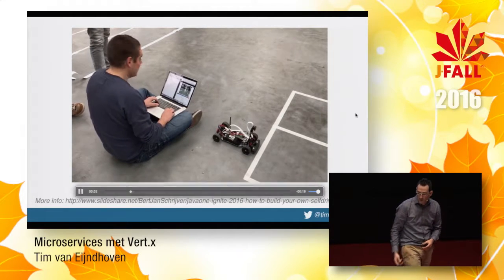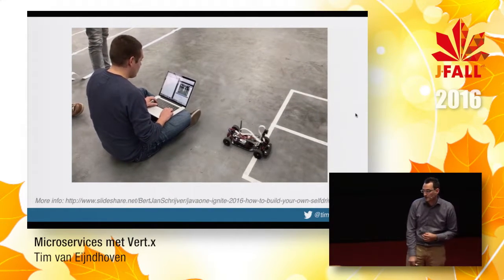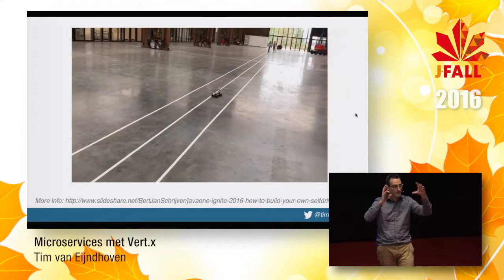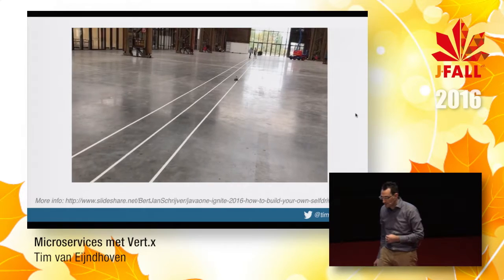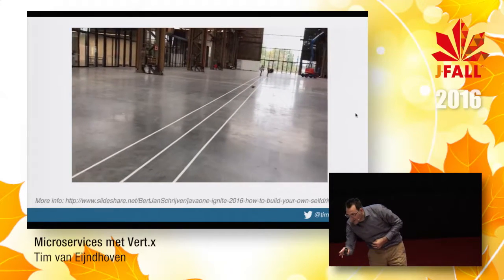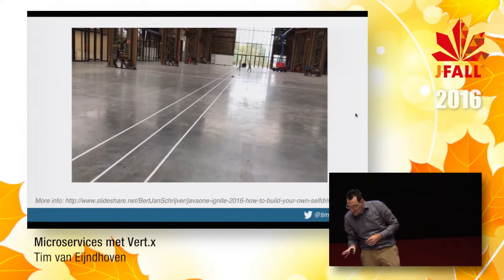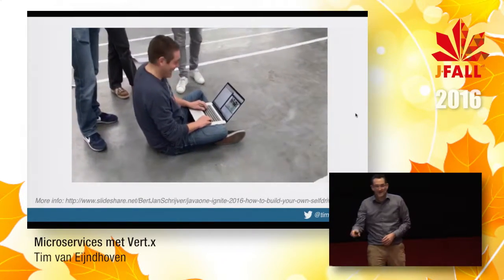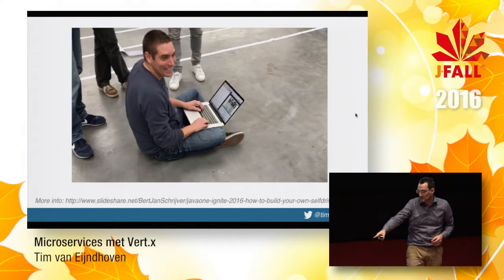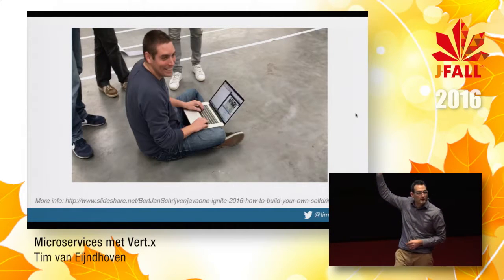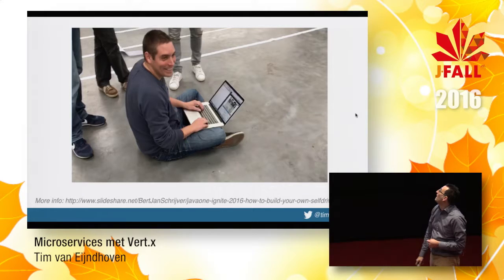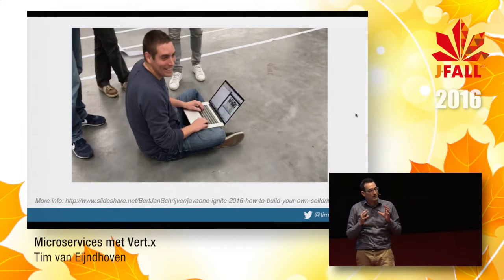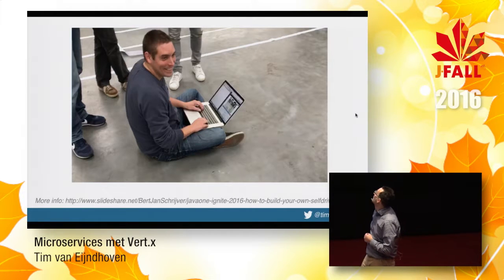This is a challenge that we do at JPoint, building our own self-driving cars. So this car is driving itself. It has a webcam up front, with which it sees the lane and then tries to ride. And as you can see, we're pretty far, and then all of a sudden it no longer sees the lane. So why am I showing you this? Because the car is running Vert.x, and the laptop, this guy you all saw at the opening keynote, Bert-Jan, the laptop is running Vert.x as well, and we run the whole computer vision stuff on the laptop.